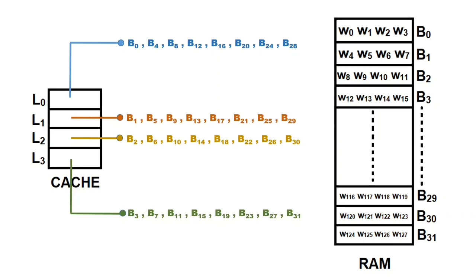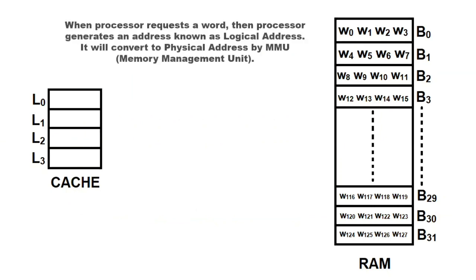Now there is an important part of direct mapping. When the processor requests a word, the processor generates an address known as the logical address, and it is converted to a physical address by the MMU, that is the memory management unit. How this address conversion takes place, we will cover in the next class.